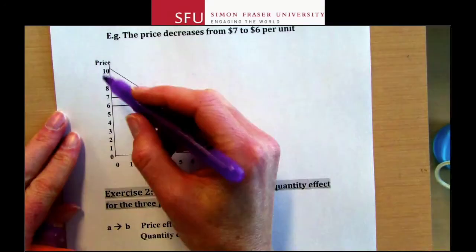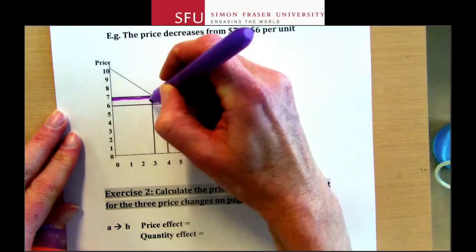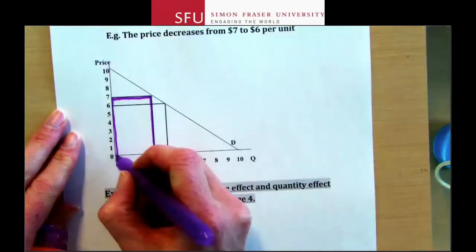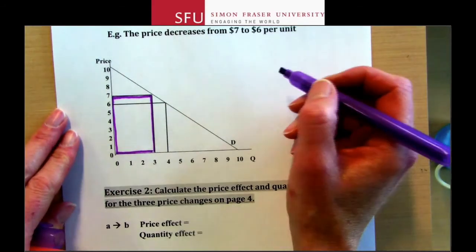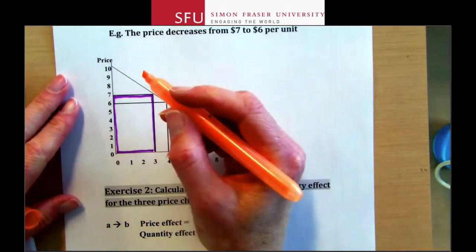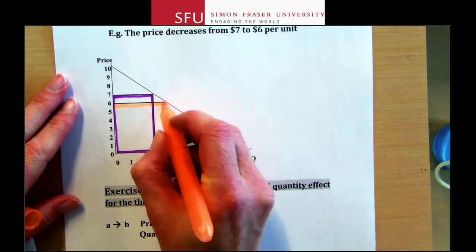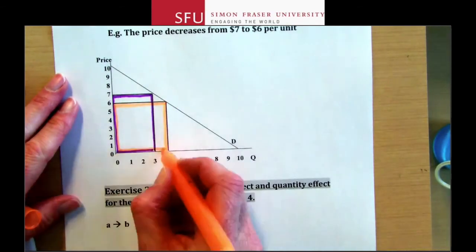At $7 per unit, the revenue is 7 times 3, so the taller rectangle here would be the total revenue. But then at $6, you get paid $1 less per unit, but you sell an extra unit. So 6 times 4 would be your revenue at $6.